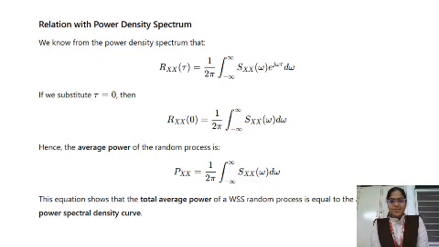Hence, the average power of a random process is power equals 1 by 2 pi integral from minus infinity to infinity of Sxx of omega d omega. This equation shows that the total average power of a WSS random process is equal to the area under the power spectral density curve.